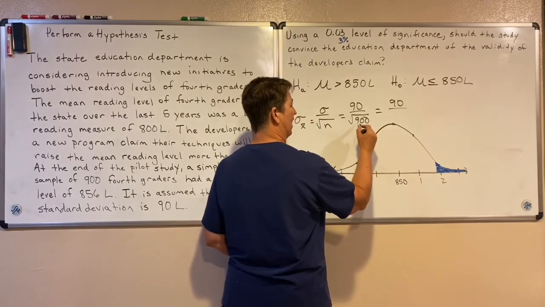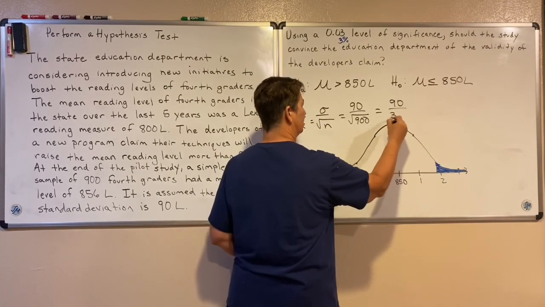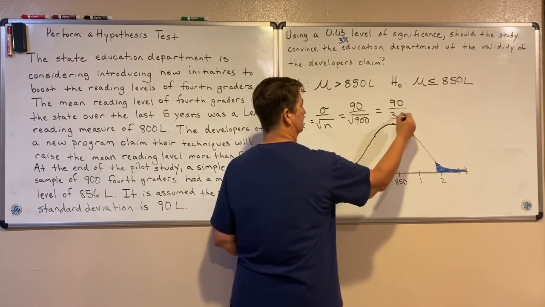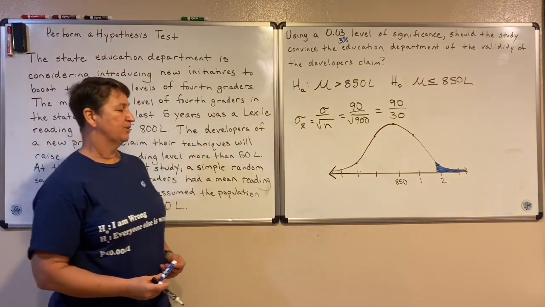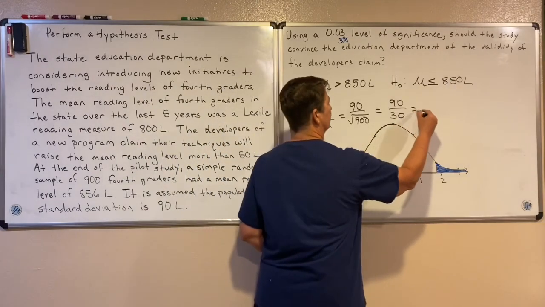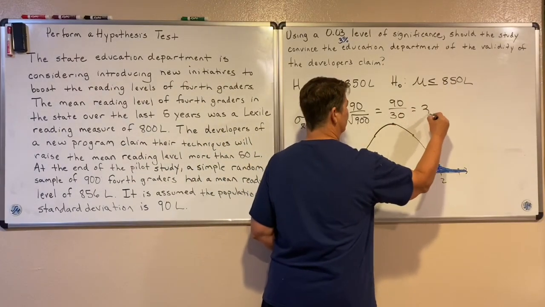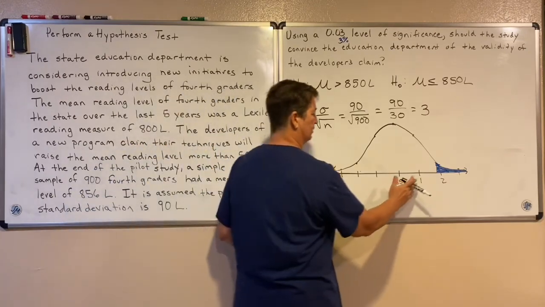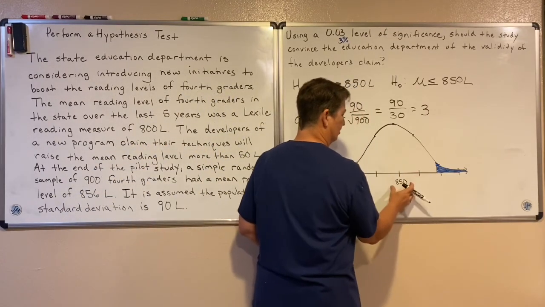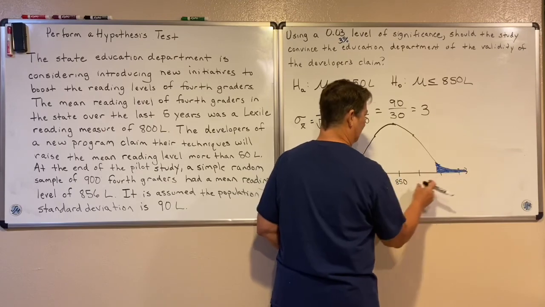The square root of 900: square root of 9 is 3, square root of 100 is 10, so 30 times 30 gives me 900. 90 divided by 30 is 3. So that tells me that the standard deviation for this sampling distribution is 3, so count by 3s.